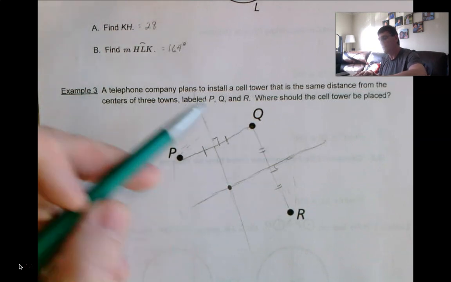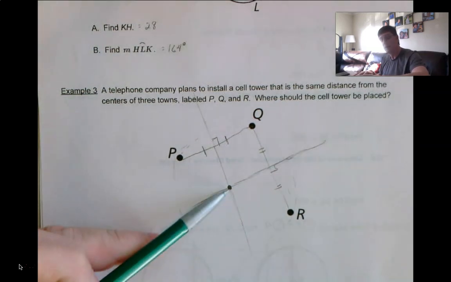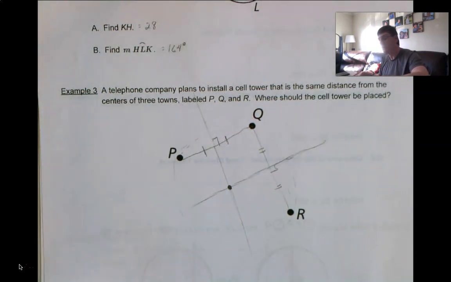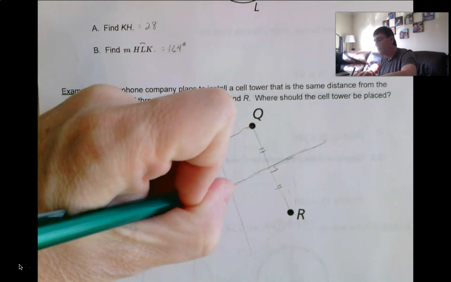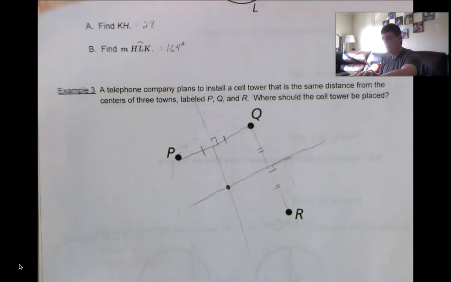So this is a diameter, this is a diameter. If we have two diameters and they're meeting, they have to be meeting at the center. It's the only point that they could ever have in common. So this is where we're locating that new cell tower.